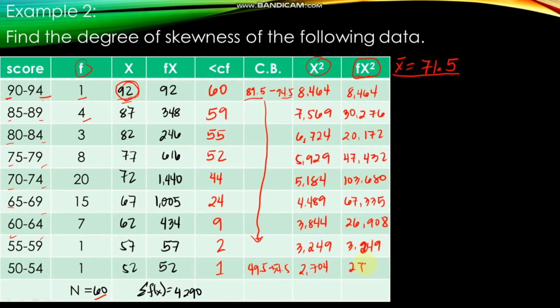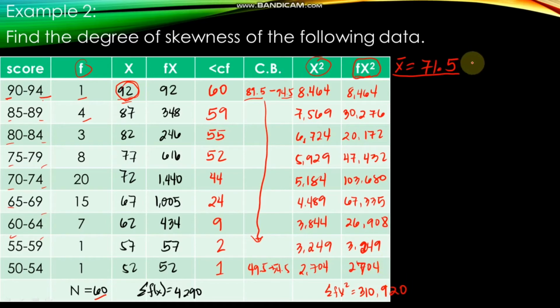Then last is 2,704. Then find the total frequency times x squared, so that is equivalent to 310,920. So that is the total.